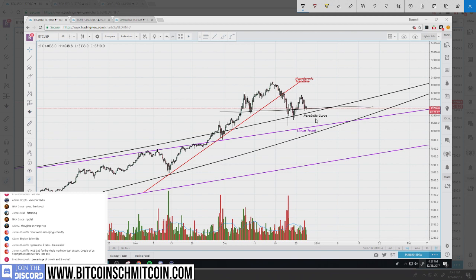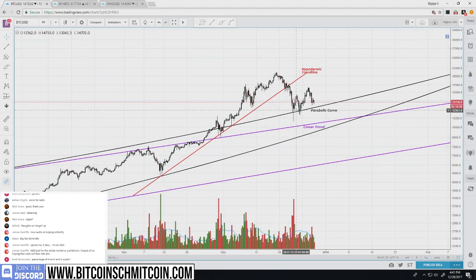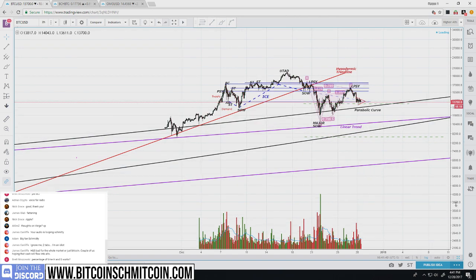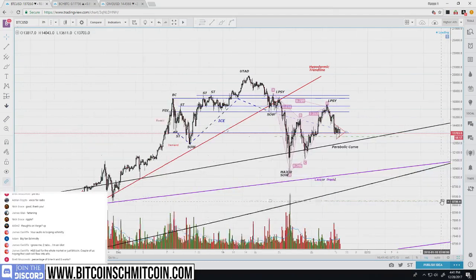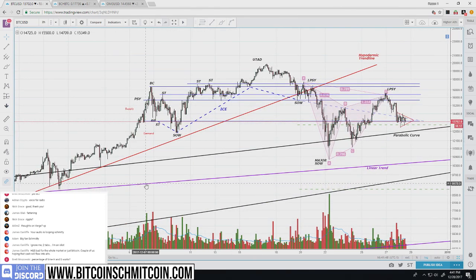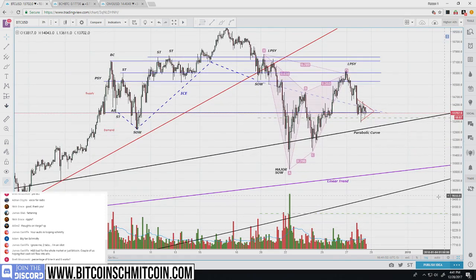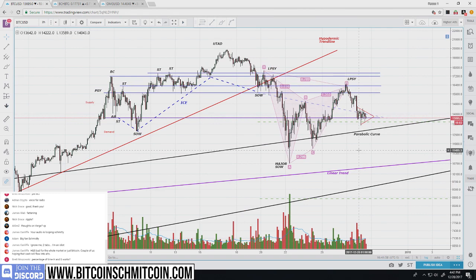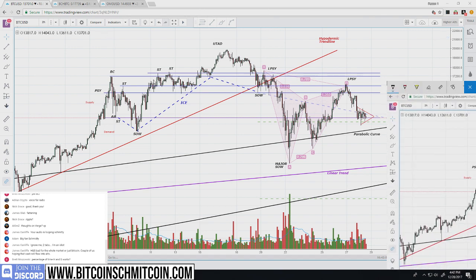And as we move in on a lower time frame, as we look at the 120 minute view, the 2 hour view, this distribution pattern that I've been talking about for a couple weeks now starts to make more sense. Head and shoulders is a form of a distribution pattern. So although I have all these crazy markings on here like this, right? What the hell is that?